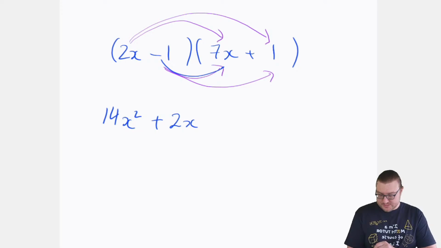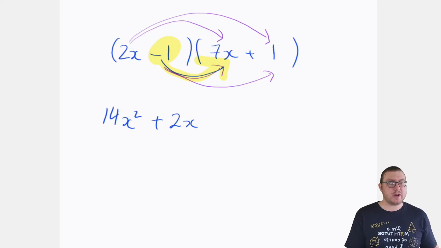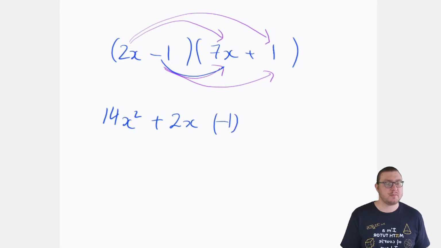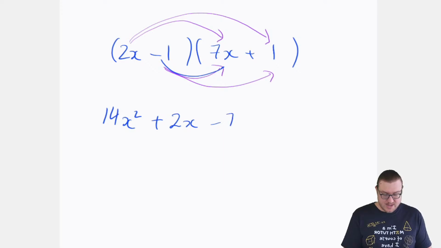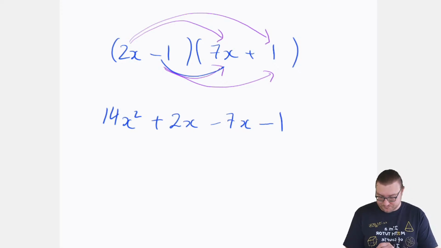Now, when you do the second part here, make sure that you take the negative with you. The number that we have here is -1. A lot of people will forget this negative, so don't be one of those in the exam. We have -1 multiplied by 7x, which will be -7x. And for the last one, -1 times 1 is -1.